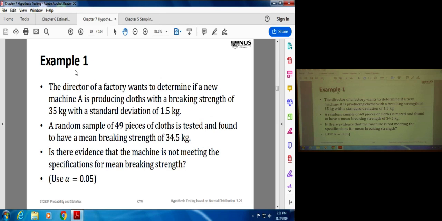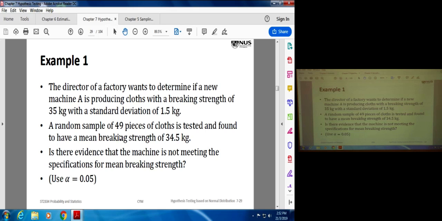There's going to be a lot of examples in this part of the notes. You have a director of a factory, and they want to determine if a new machine A produces cloths with a breaking strength of 35 kilograms. We know that the standard deviation of machine A is apparently 1.5 in its production of cloths.